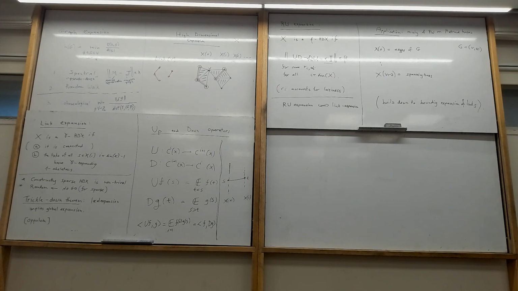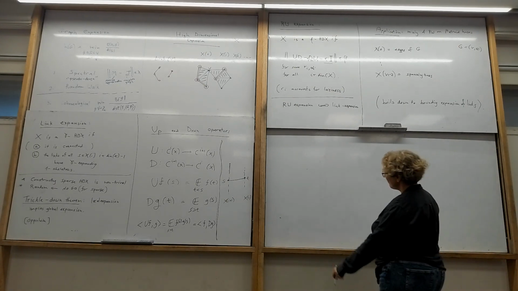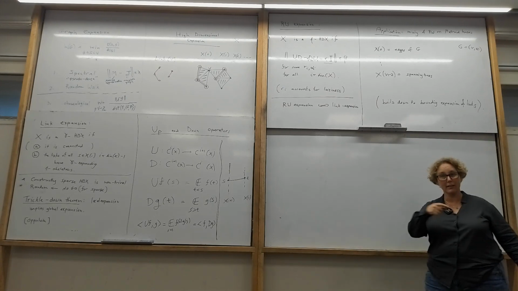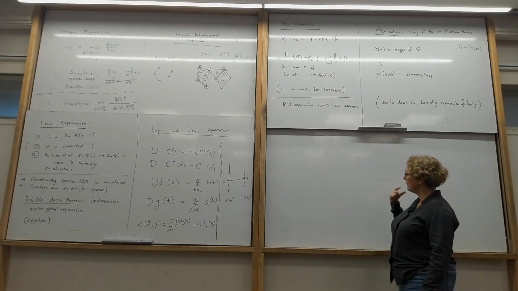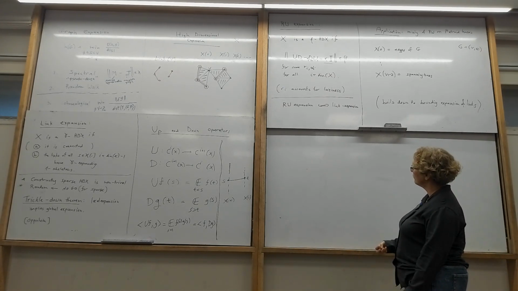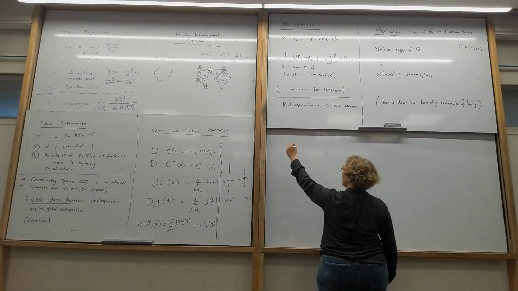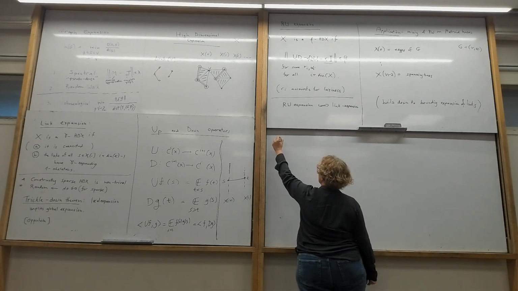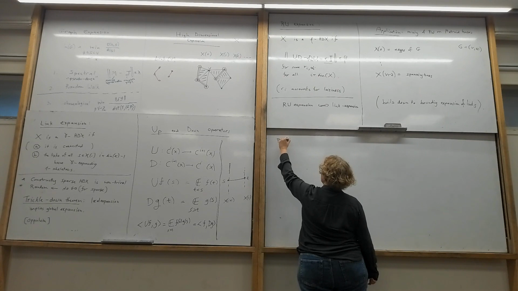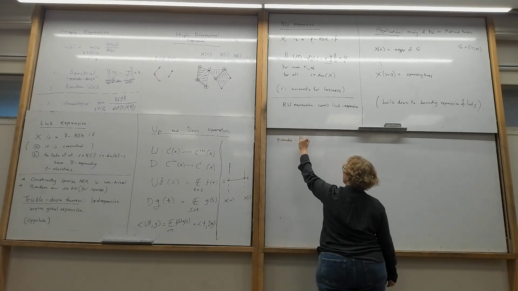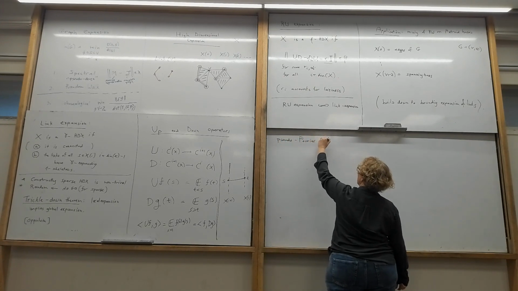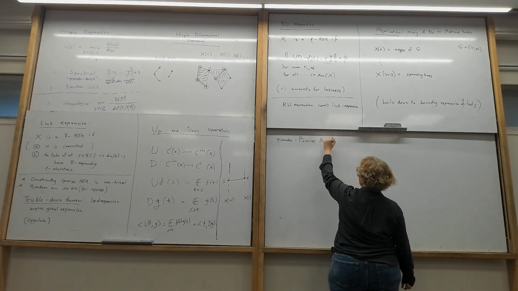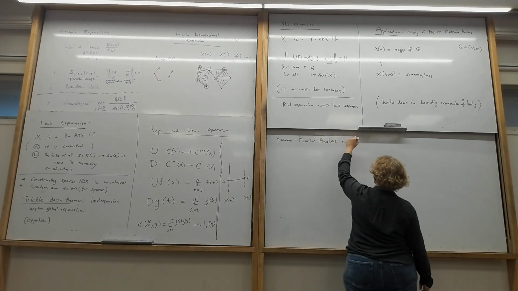Okay, and then I'm jumping ahead a little bit, and this is something Max did in his lecture, and we did also maybe one lecture before. This was doing a kind of pseudo Fourier analysis on HDX.